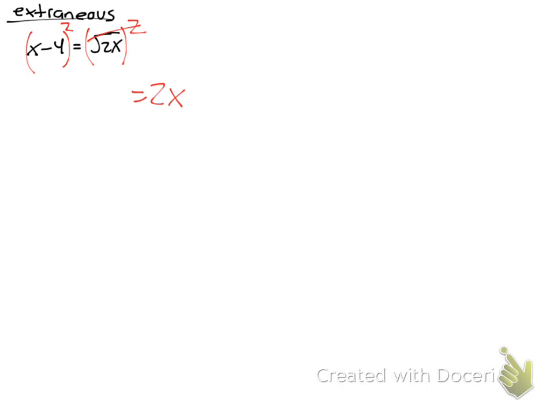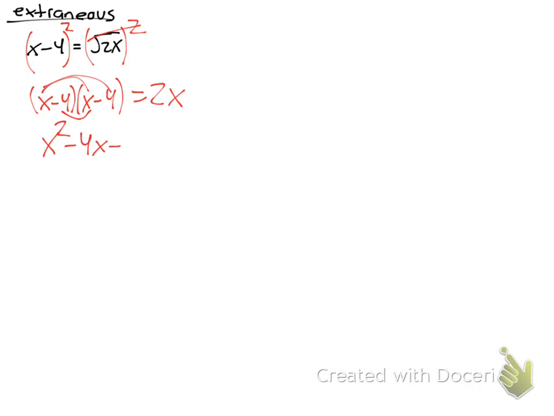So, let's just draw it out. That's x minus 4 times x minus 4. Which, FOILing, is x times x, x squared. x times negative 4, negative 4x.